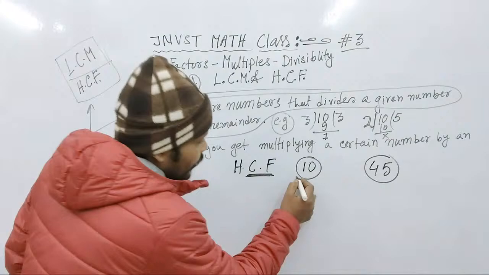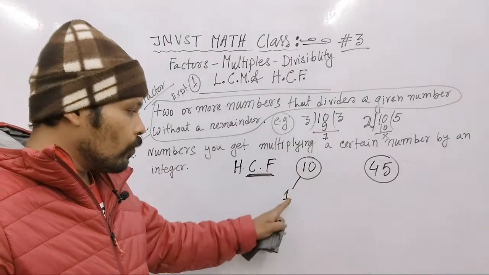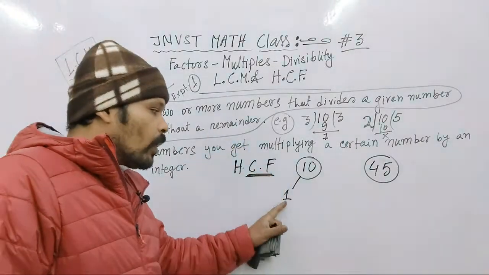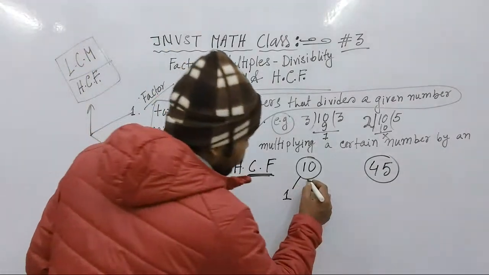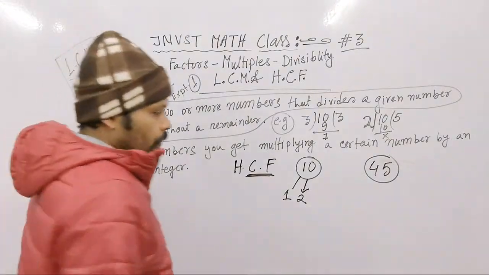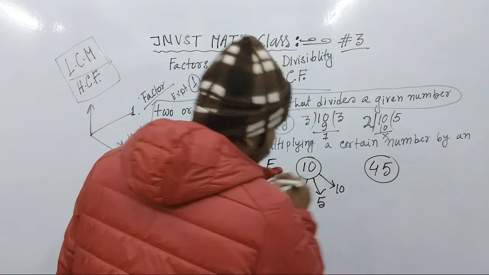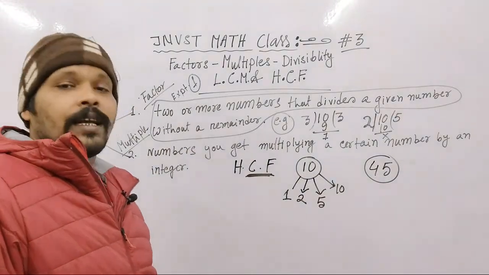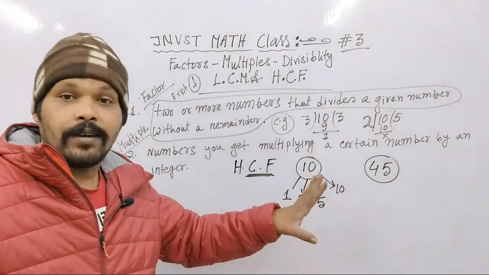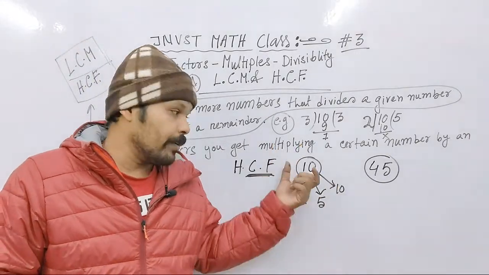The factors of 10: if we divide 10 by 1, no remainder will be there, so 1 is a factor of 10. Then 2 is a factor of 10. 3, no. 4, no. 5, yes. 10, yes. So the number 10 has 4 factors: 1, 2, 5, 10.